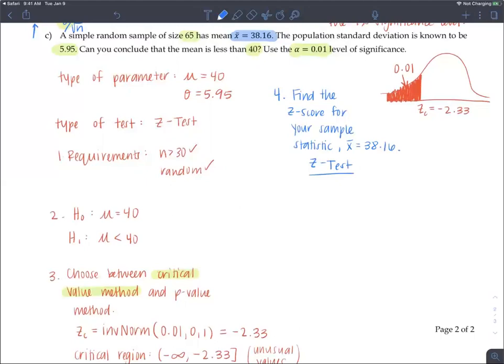After you're done, it gives you z, p, x bar, and n. Which one of those is the value I'm looking for here? Yeah, it's z. So here you get z equals negative 2.49, and then a lot of other numbers.